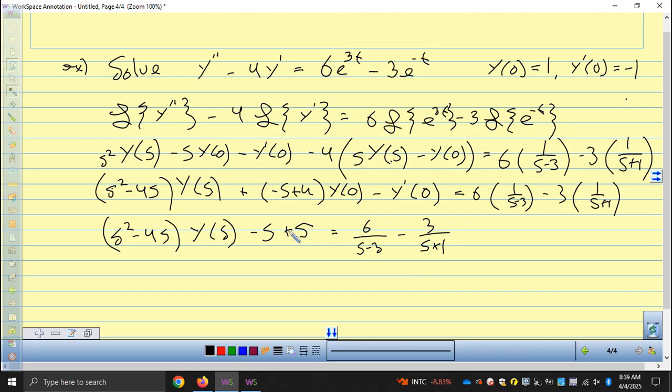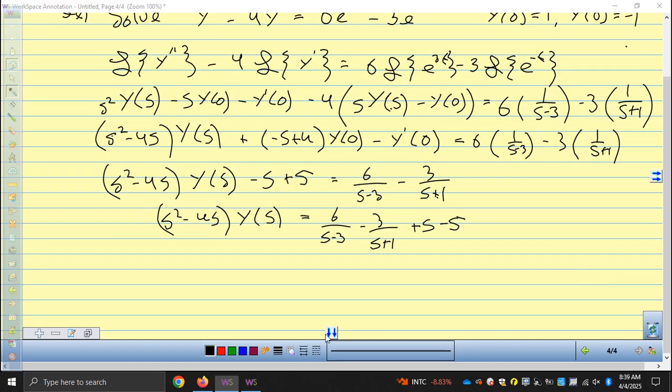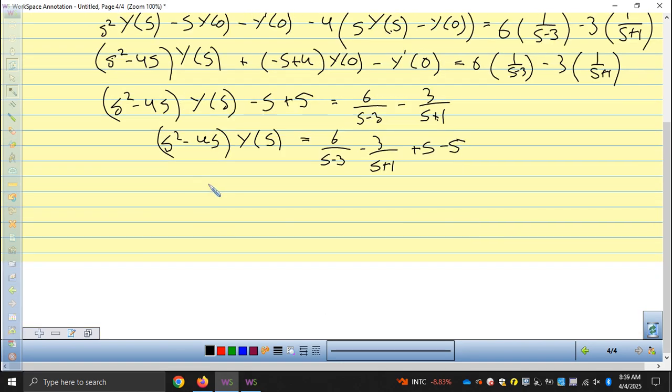I'm going to add s, subtract 5, so I get s squared minus 4s, y of s equals 6 over s minus 3 minus 3 over s plus 1 plus s minus 5. Isolate y of s.